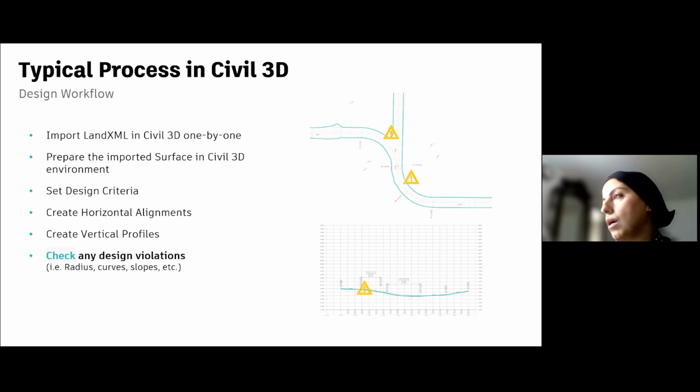We need to have specific slopes. Like, let's say, in turbine vehicles, we have maximum slopes. Usually, we don't take more than 8%. If it's above 8%, then we need to get back to the supplier to discuss that with them. But basically, any violations need to be addressed. And next slide, please.